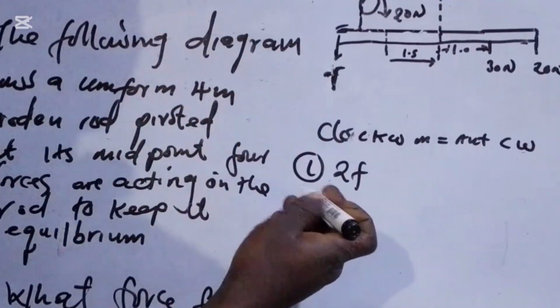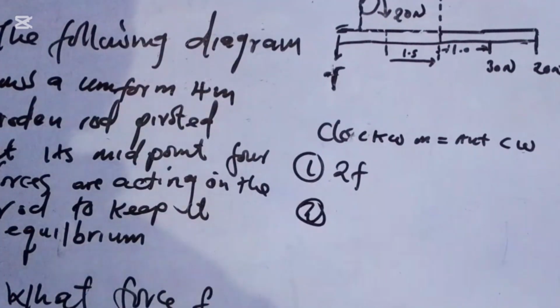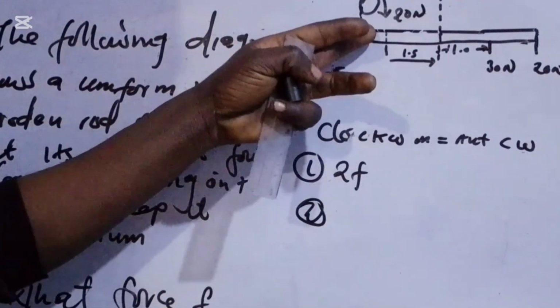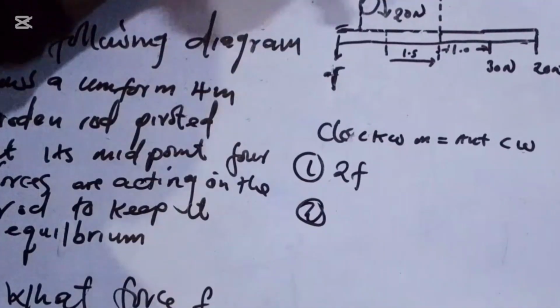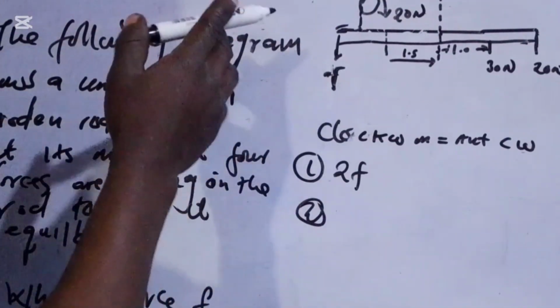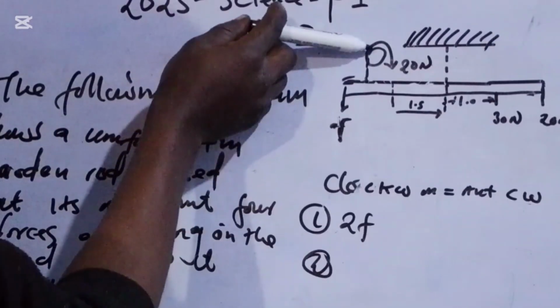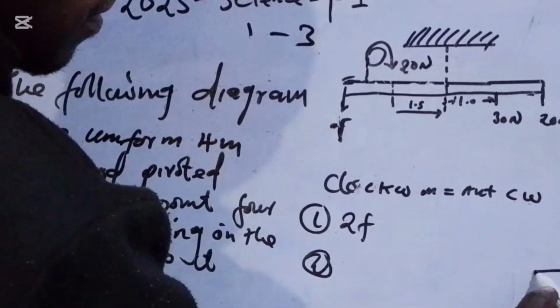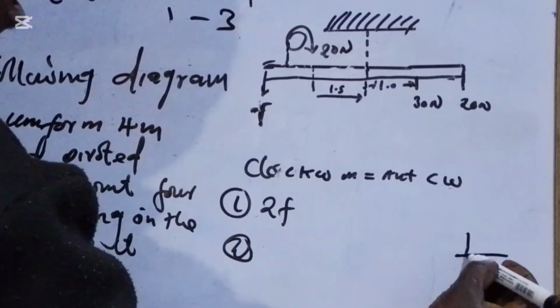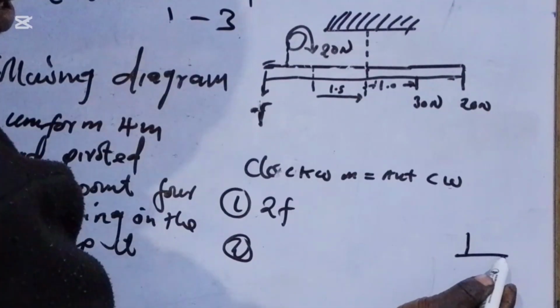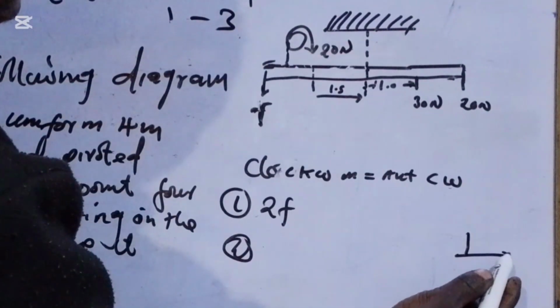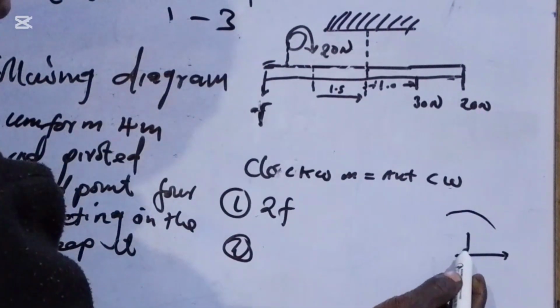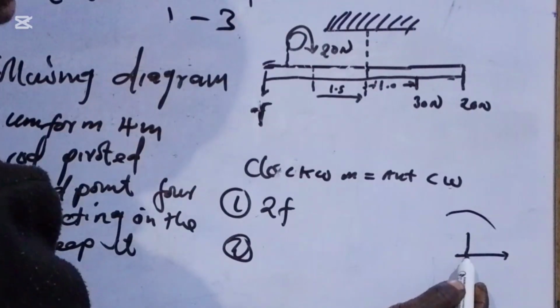So now, we are going to move on to the forces acting downward. So when we talk about the forces acting downward, let's take, for instance, we have a beam here, there's a force acting here. So that means this wooden rod will move anti-clockwise, because this force is acting at this point here.